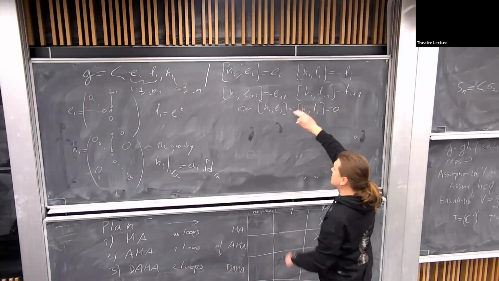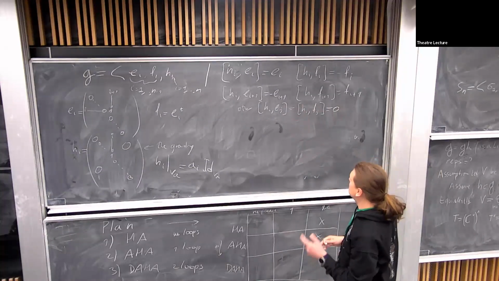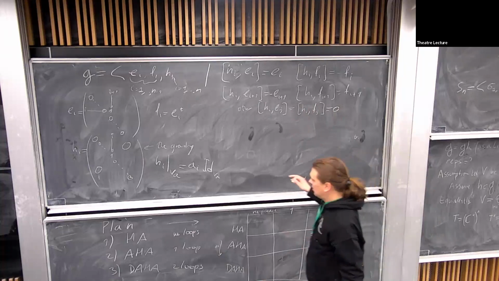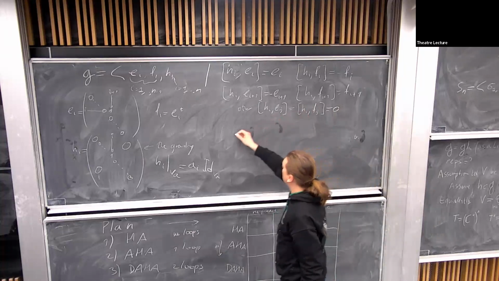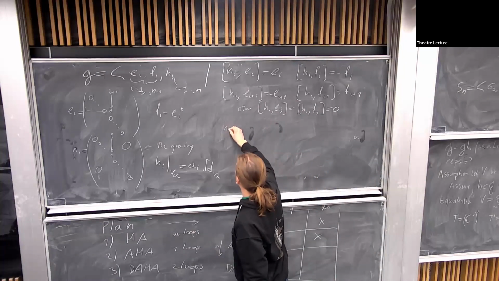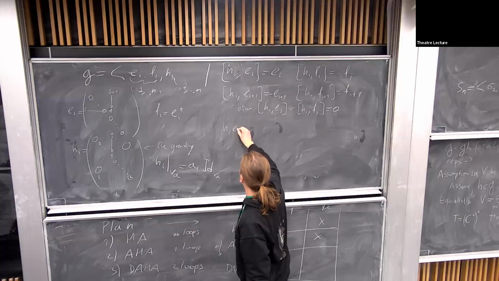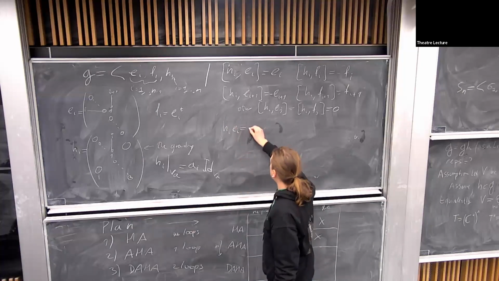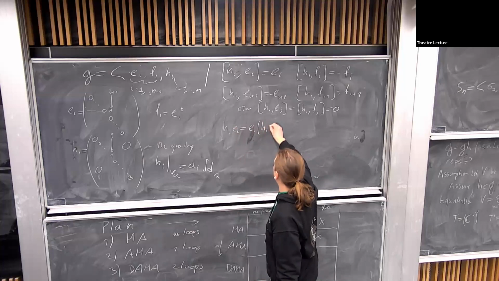So we completely understand now the commutation between H and E, and it simply encodes relations like H_i E_i equals E_i H_i plus E_i.